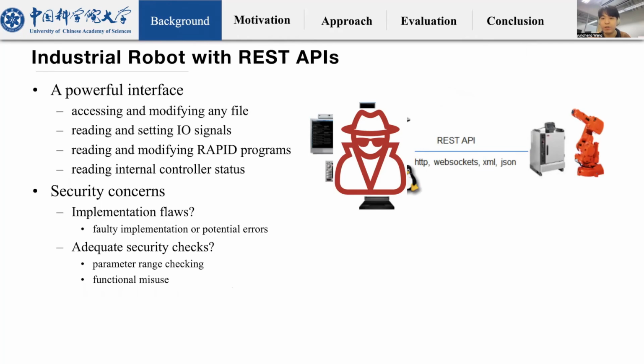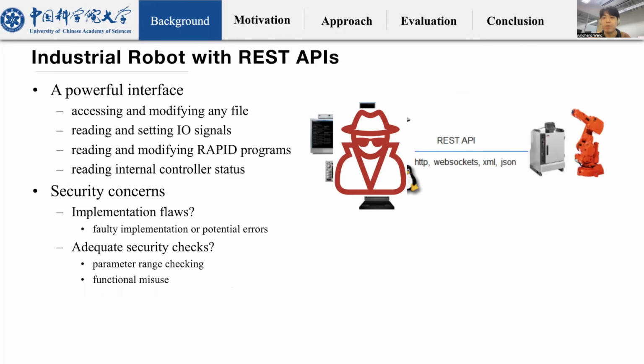Given these powerful functionalities, we have some security concerns. First, are there any flaws in the implementation of the REST service? For example, could there be mistakes or potential vulnerabilities introduced during implementation? Second, has the system been thoroughly tested for security to ensure its reliability?